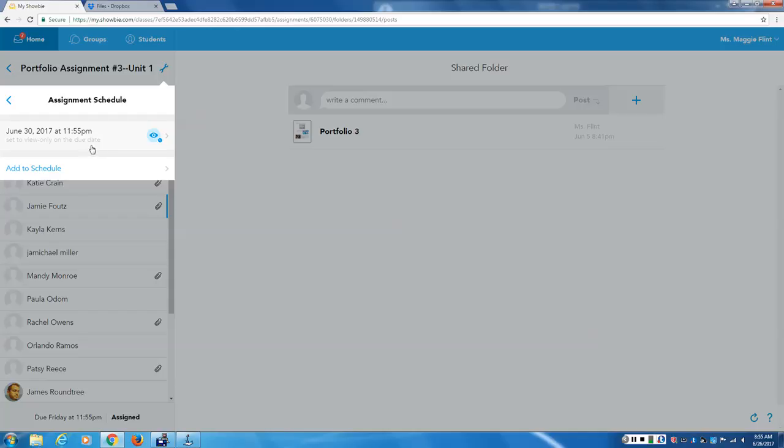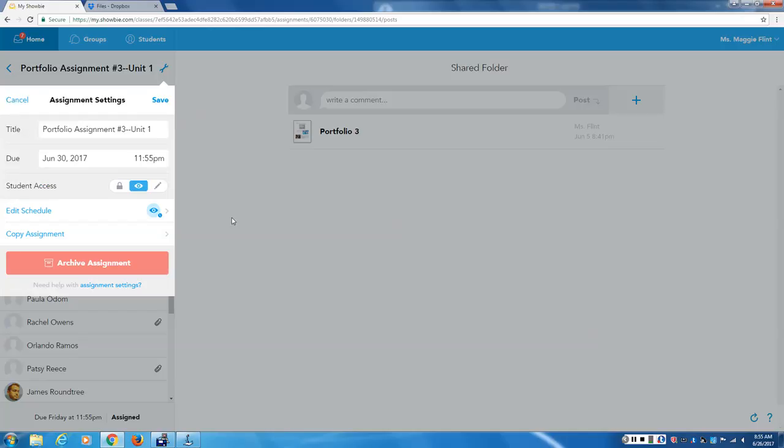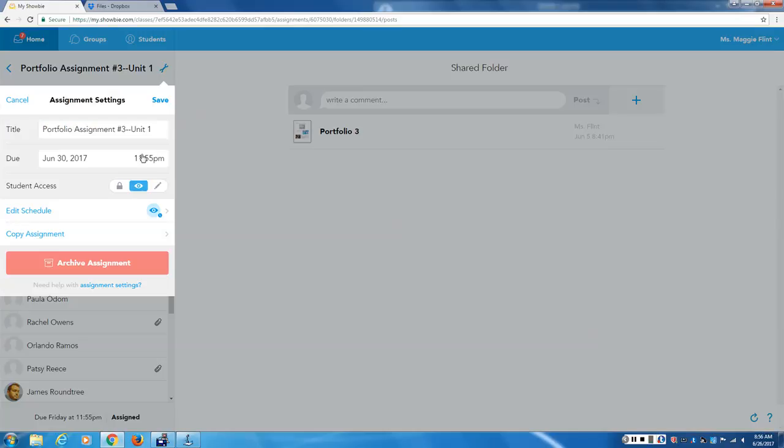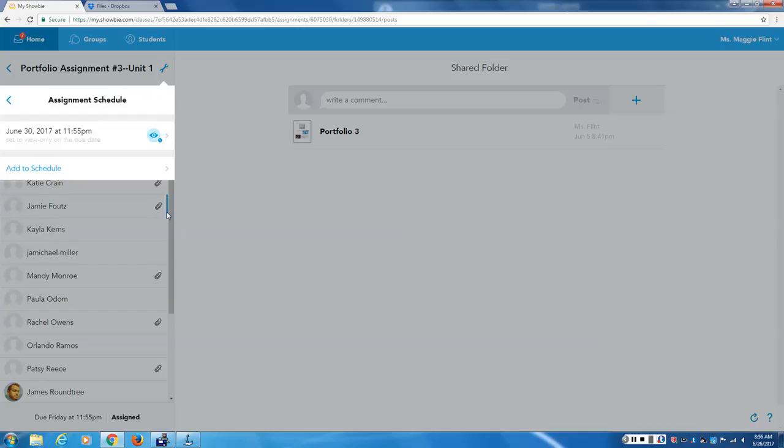It shouldn't lock until June 30th, which is Friday. I don't know why mine's locked. Oh, it does say that at the top. This assignment is locked, you can view it, but you can't make changes.